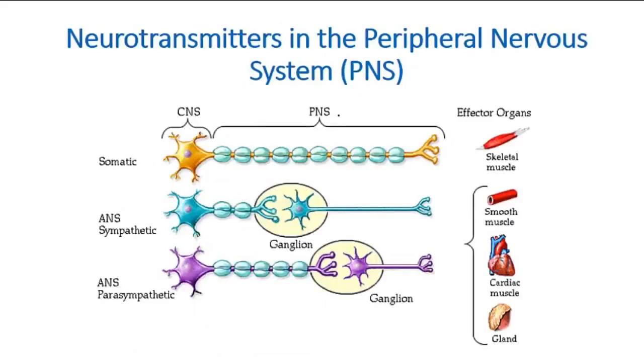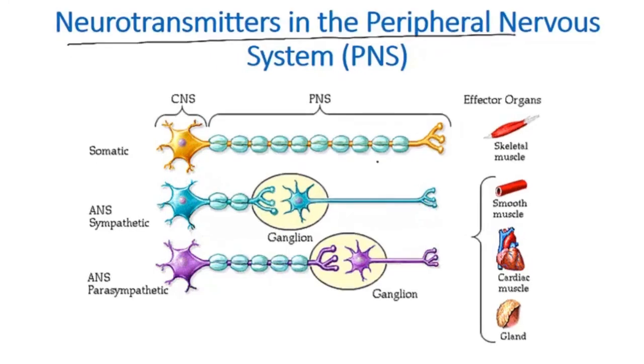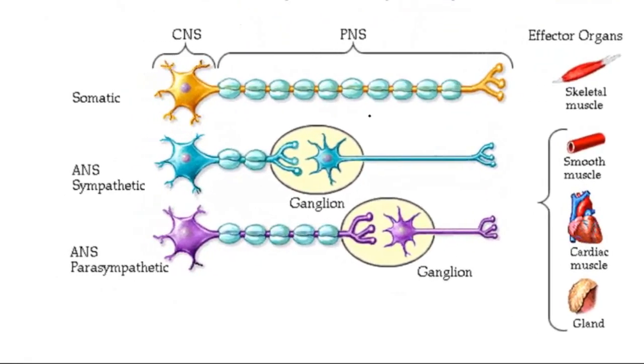But if you look at how these neurotransmitters work in the peripheral nervous system, you will see that the motor neurons of the somatic nervous system release acetylcholine. Okay, and they are cholinergic. So skeletal muscles bear NACH, which is nothing but the cholinergic nicotinic receptors.